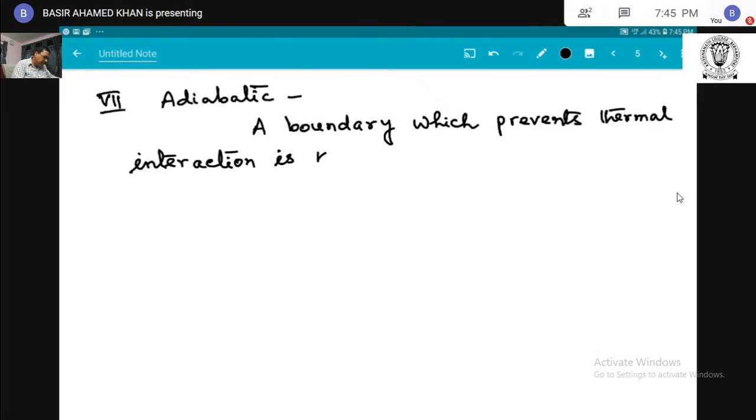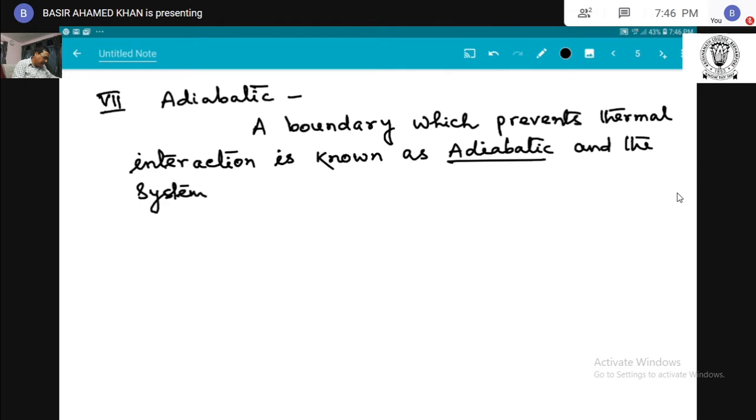And the system is said to be thermally isolated.